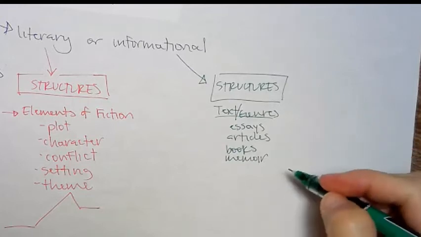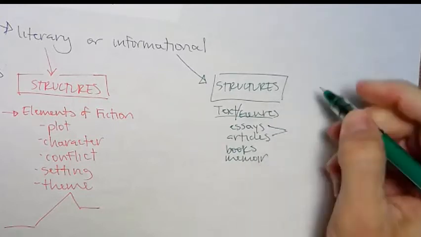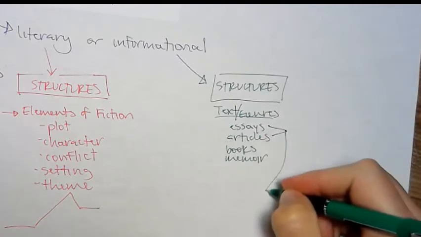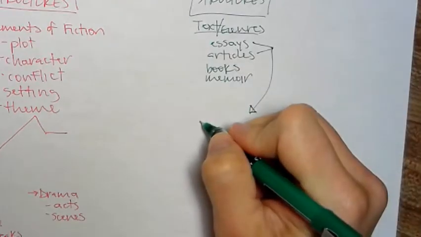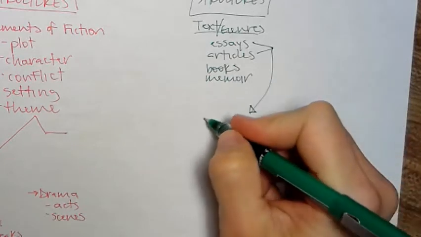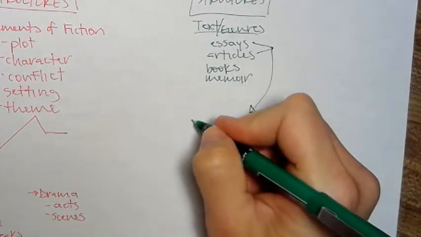And the way that these are structured, specifically essays and articles, is through 5 different text structures, which you learned in elementary school, if you remember.